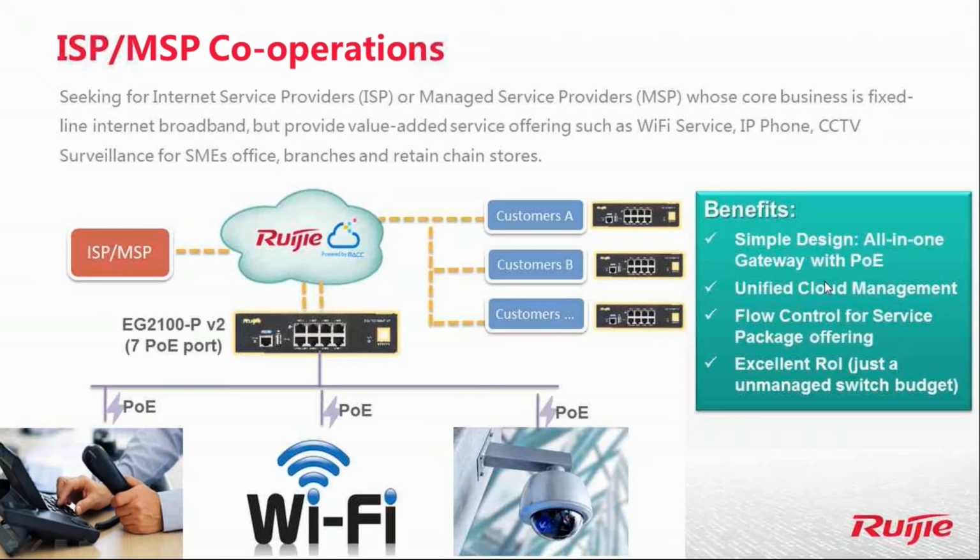And also we can use the unified cloud management, the Ruijie Cloud, to control all these kinds of Ruijie products, like the EG or the AP. And also, as I mentioned, the flow control for the services, like controlling the bandwidth for YouTube, or limiting the bandwidth for P2P download.